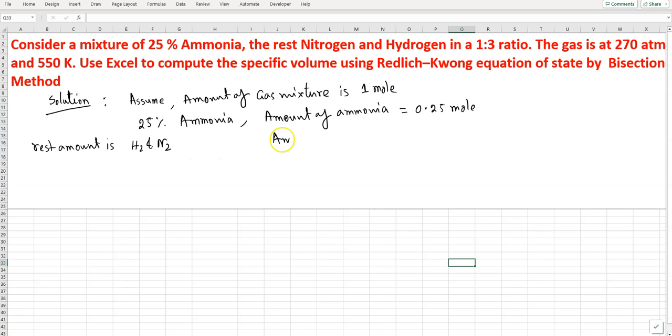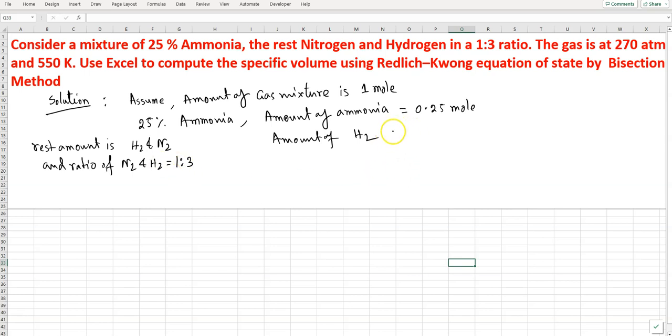The ratio of nitrogen to hydrogen is 1:3.